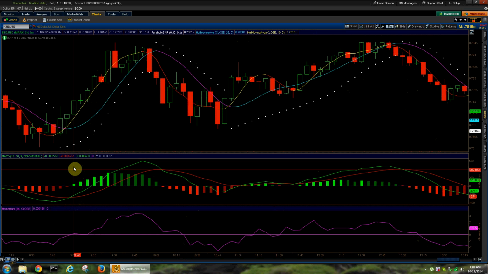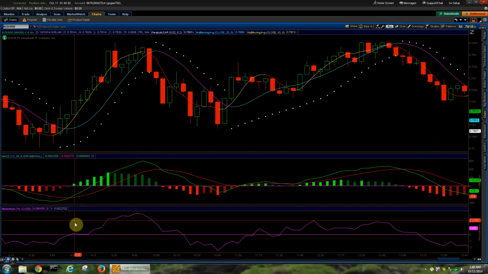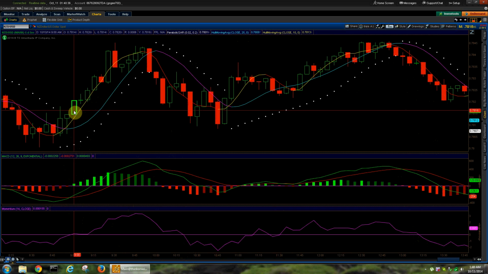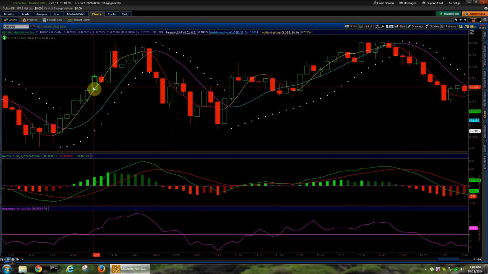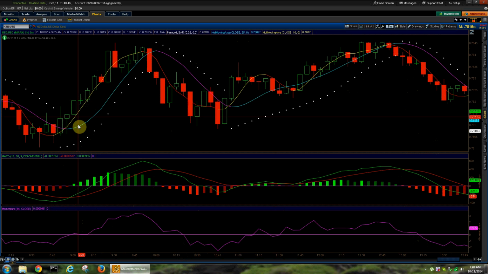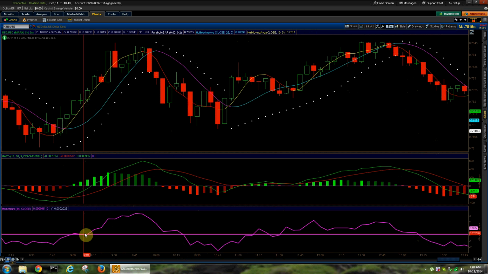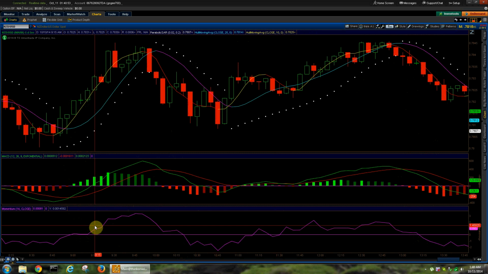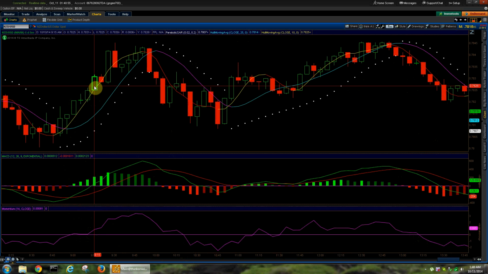And you could have taken it, the momentum is barely above the zero and it looks like it's flat. But you could have taken the trade here, a 10-minute trade or a 15-minute trade, and actually won that. And that's probably where I would have taken the trade. But if you wanted to be a stickler, you could wait till this thing turns up, in which case it would probably be this candle here.